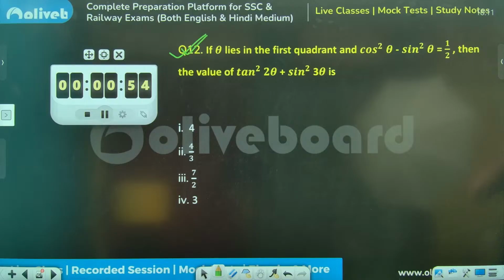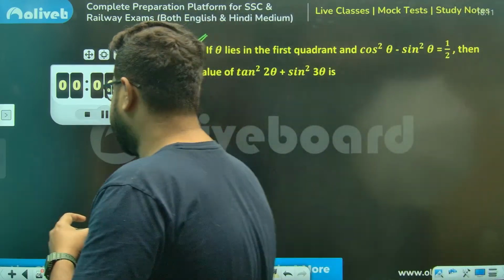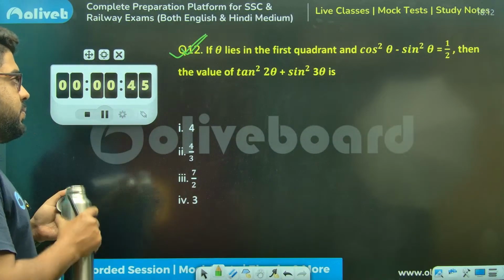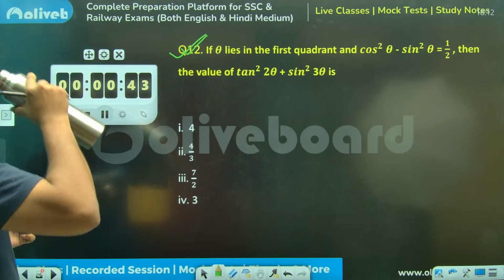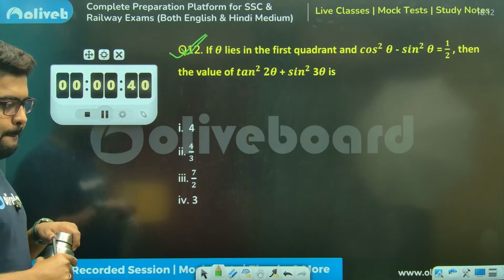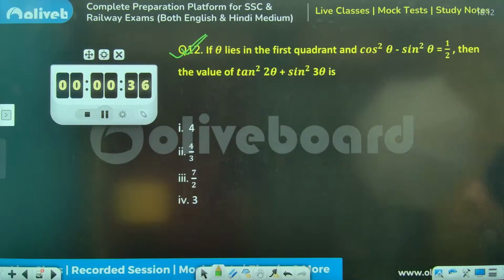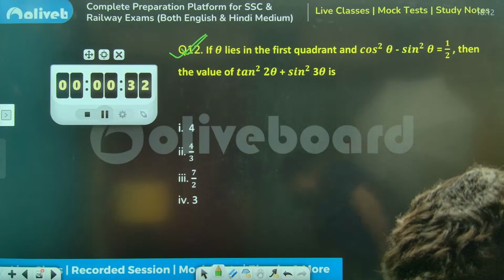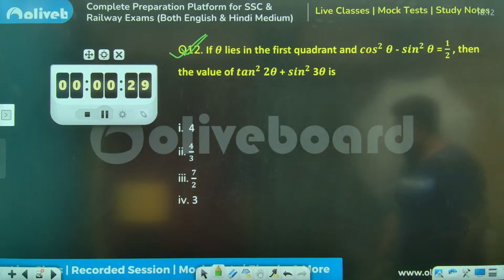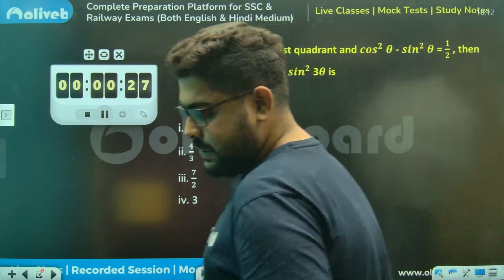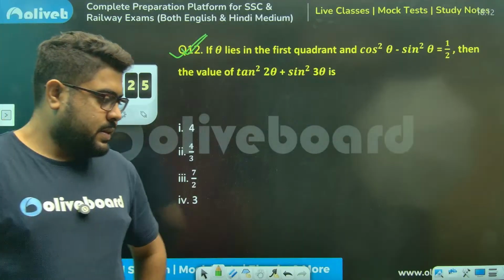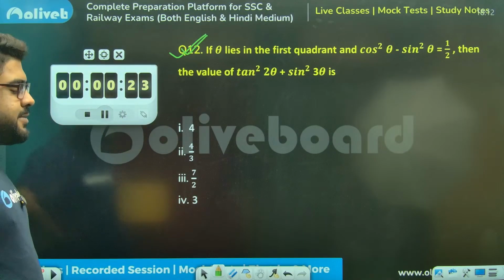Very quickly solve this. Jaldi se. Need answers, need answers.